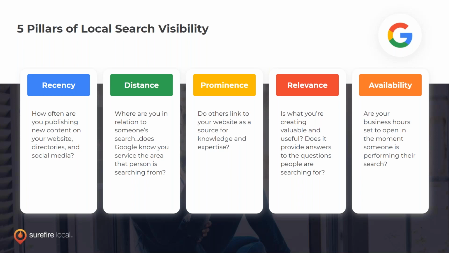When Google looks at companies, these are the factors they consider when they try to decide how they should show you. A lot of different ways these play in, but these are the main categories. So recency: when you're creating information, when Google is looking at your website, your reviews, or anything about you, how new is that content? If you just post content and leave it, once it gets 2, 3, 4 years old, Google's going to start saying, okay, this was relevant when it was posted.